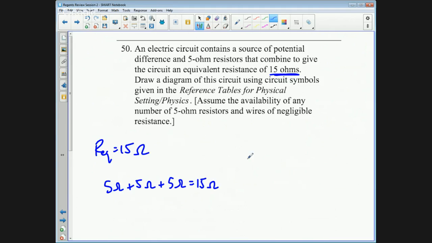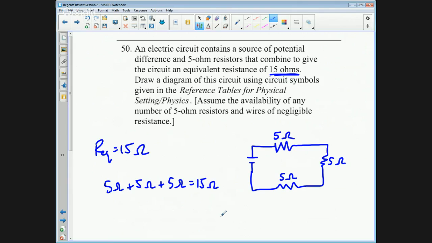So we're going to draw a series circuit. We have some voltage source, some potential difference, and here's my first 5 ohm resistor, second 5 ohm resistor, and my third 5 ohm resistor. This is one way to draw the circuit.